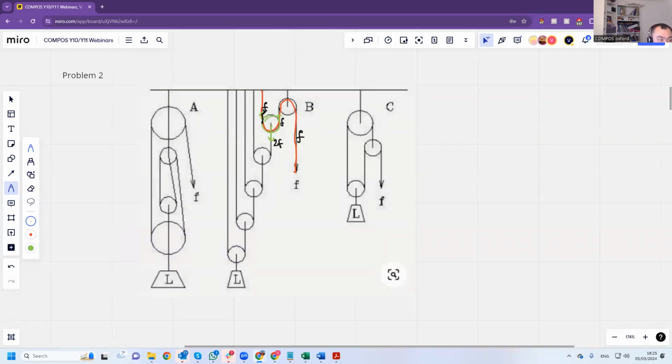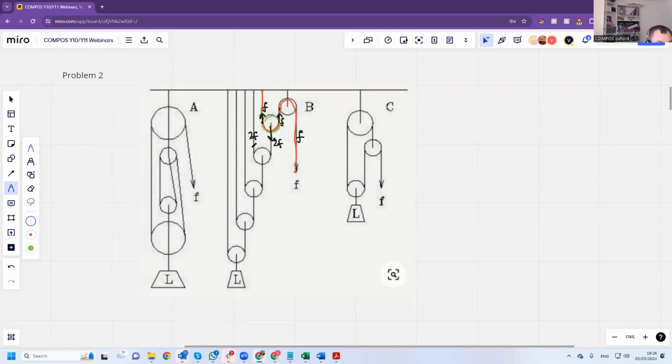Because there's an upwards force F and another upwards force F, the downwards force is 2F. That means the tension in this rope is 2F. So this is the 2F rope. The tension along this rope does not change; it's 2F. That's how light ropes work. Heavy ropes are a different story, but light ropes have the same tension all the way through.